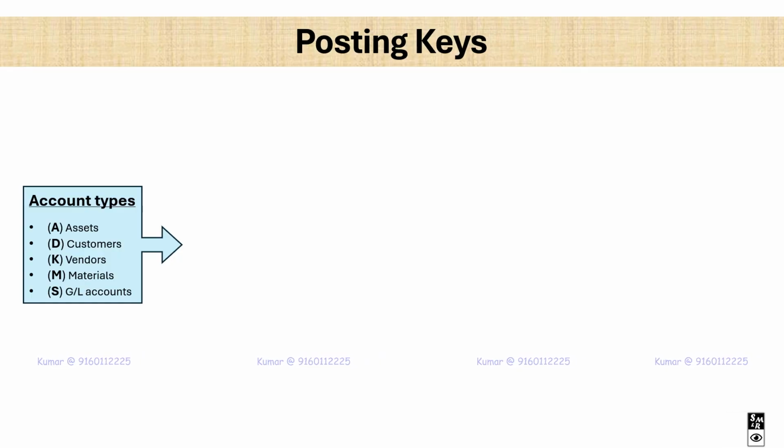Any general ledger account which we are going to create will be coming under any of these categories. Whether it can be assets or customers or vendors or materials, if it doesn't come under these 4, it is going into general ledger accounts. Yes. Account type, yes.